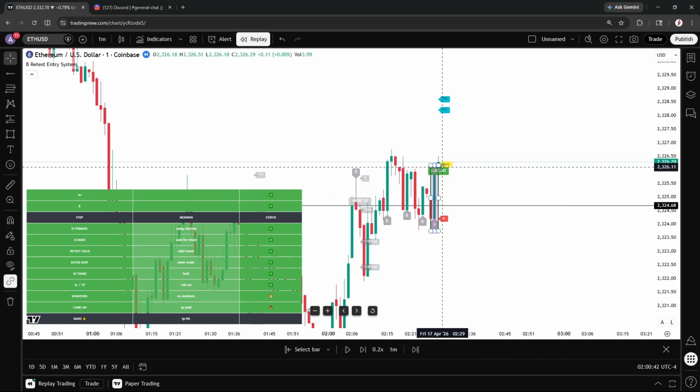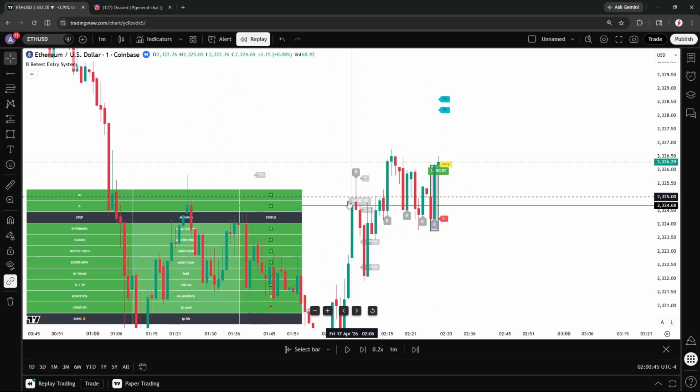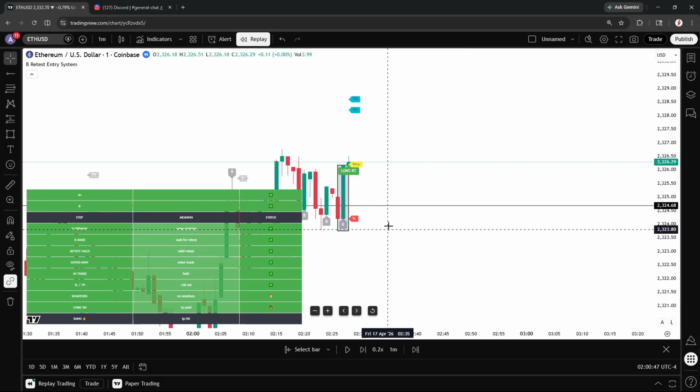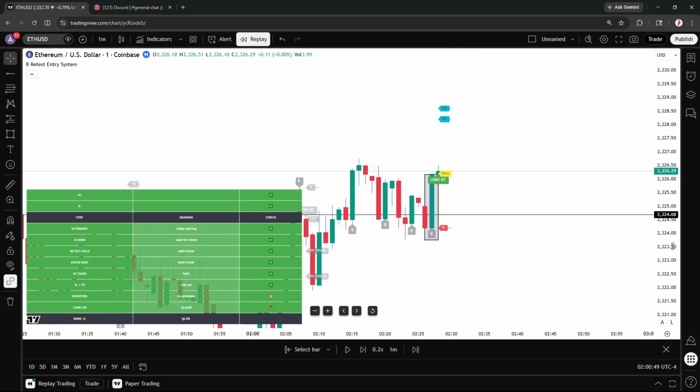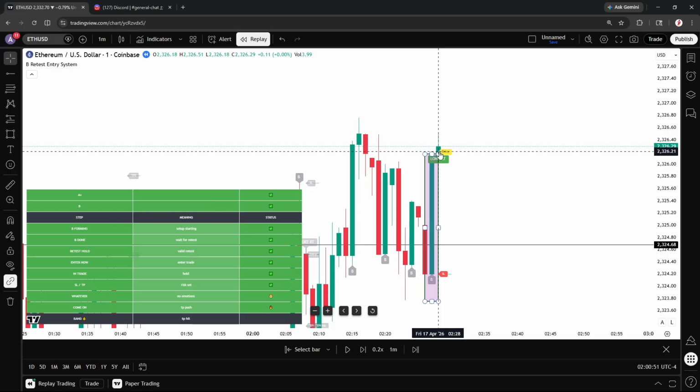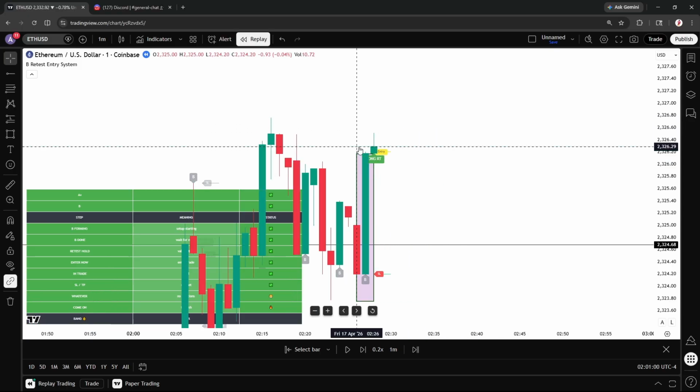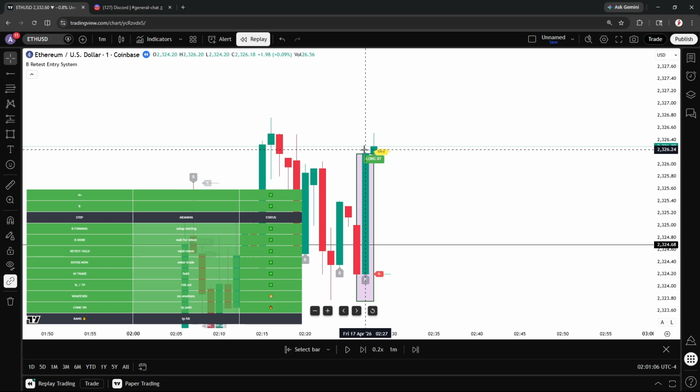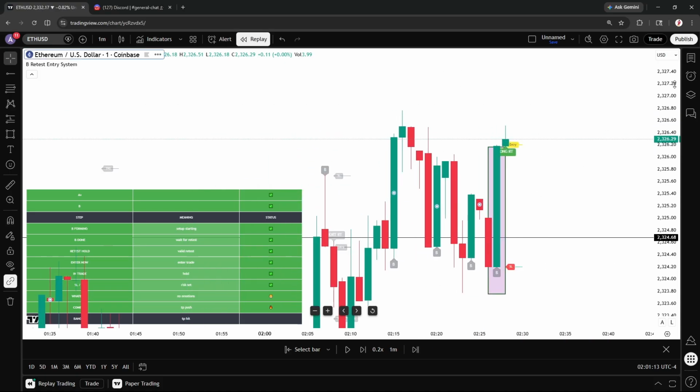A retest is when price ends and then another candle comes back, pulling back, a little red, and then it goes ahead and takes out this wick right here on this green candle. So it pulled back just a little bit and went higher, so that's a retest. That's why it pops up an entry.